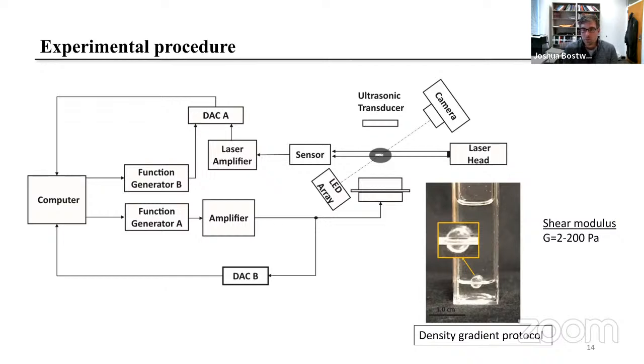And basically what we do is we measure the occluded light from that drop throughout the oscillation. The intensity of that laser gives us a metric for how much that drop is deforming, and that's how we're going to quantify the size of the drop oscillations.